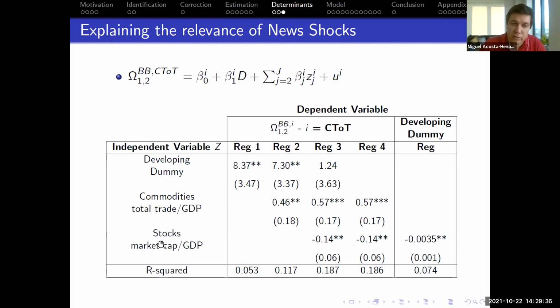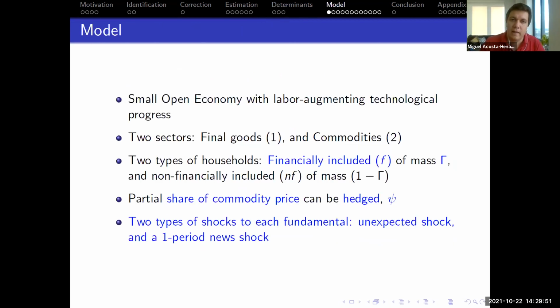When we change this variable for derivatives as share of output, the total size of derivatives transactions, these results are even stronger and better. So we interpret this as development of financial markets, which we're going to map into a model, and see what are the channels that allow us to explain those facts.